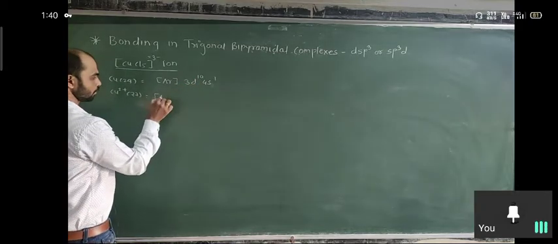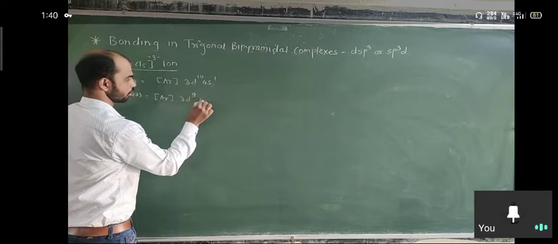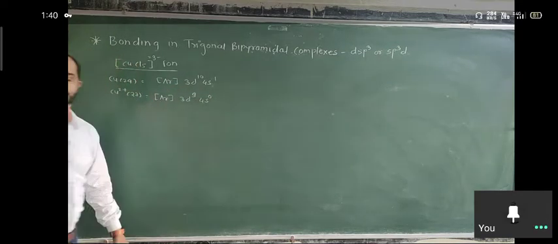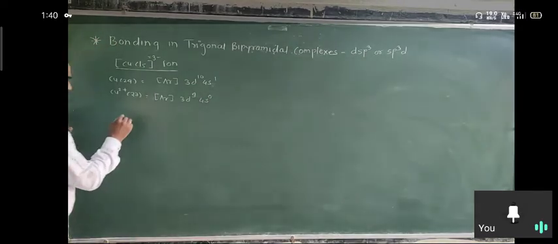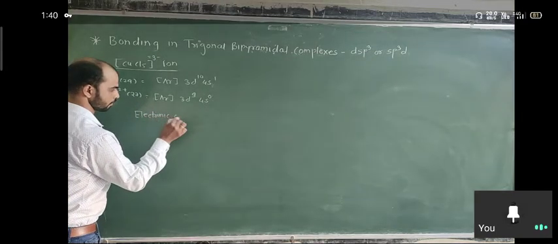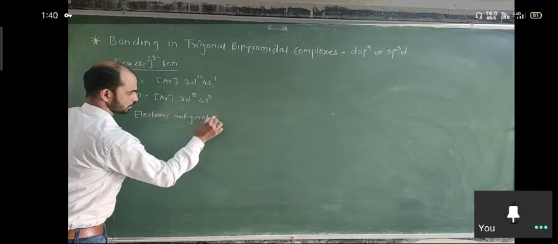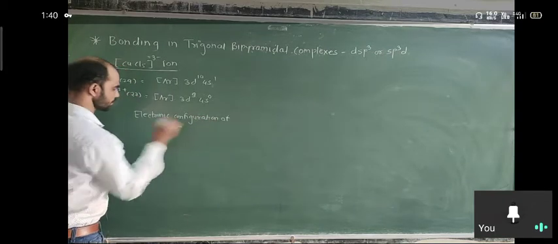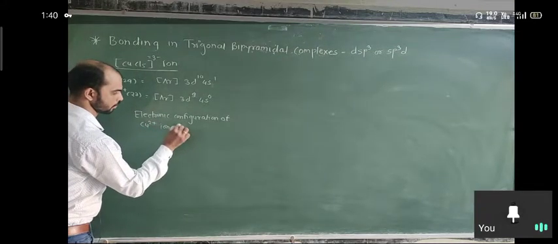So after loss of two electrons, the remaining electronic configuration is 3d9 4s0. So we are going to start with the electronic configuration of the Cu2+ ion in the ground state.